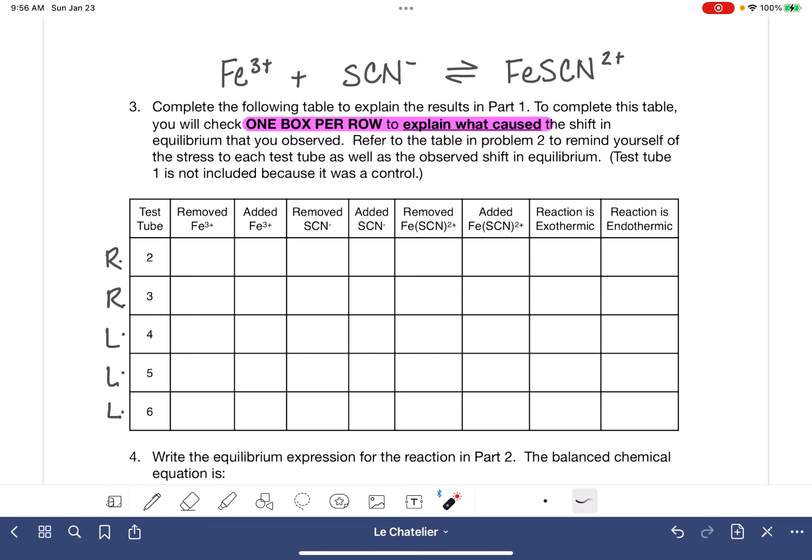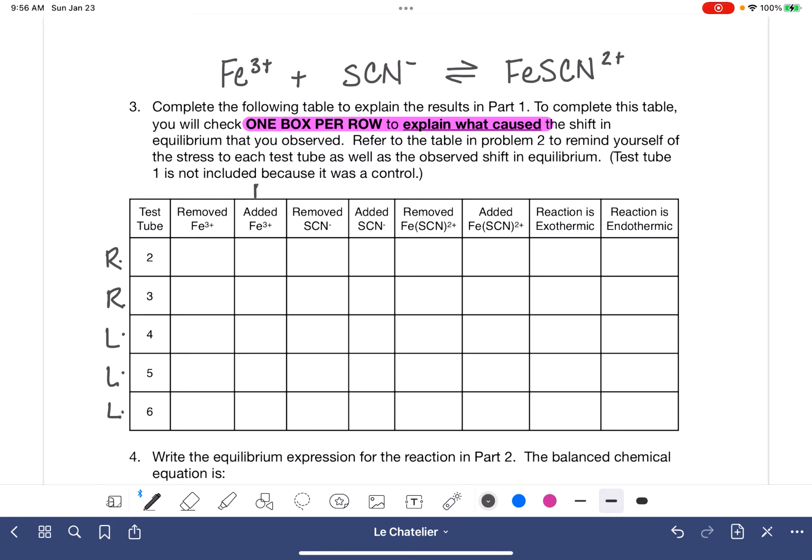Now, the next thing that I'm going to do is take a look at this equation, and I'm going to use Le Chatelier's principle as much as possible to help me predict whether each one of these different stressors would cause a shift to the right or the left. For example, if we add Fe3+, adding a reactant, we would shift to the right.